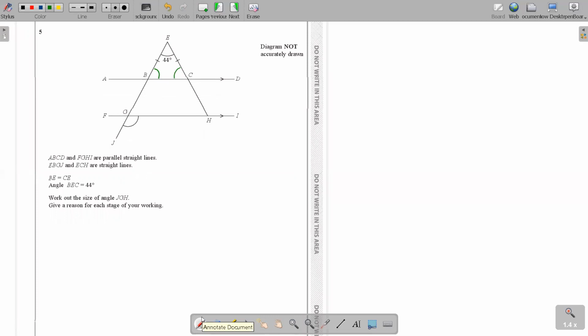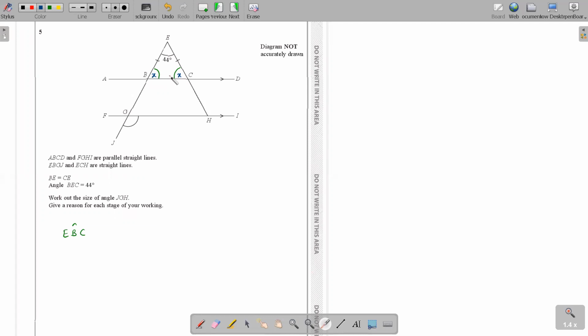So let's get the angles. Let's work on getting angle EBC. What we realize is that EBC and ECB are both equal, because the angles at the base of an isosceles triangle are equal.